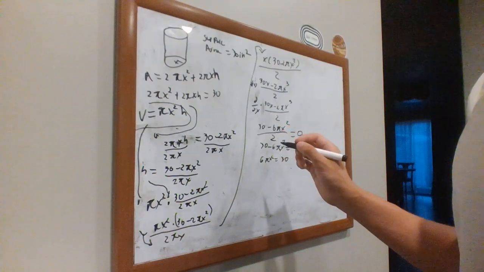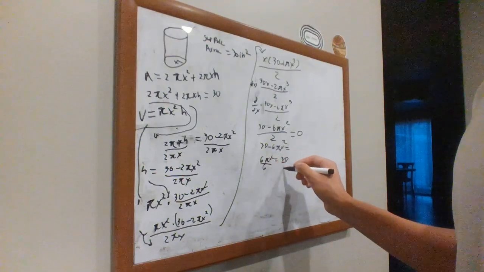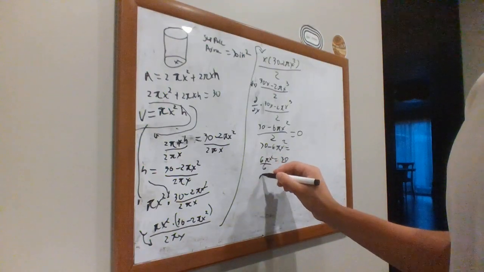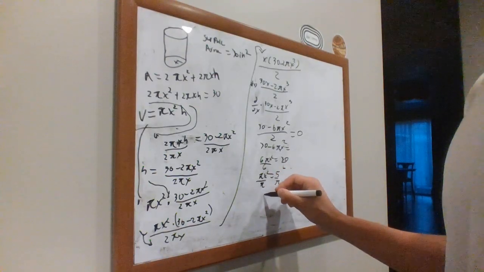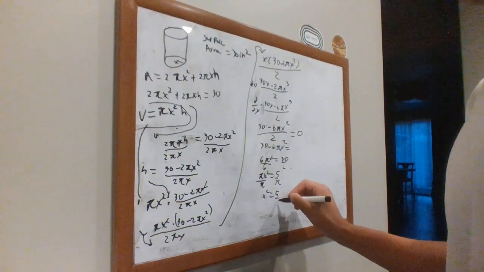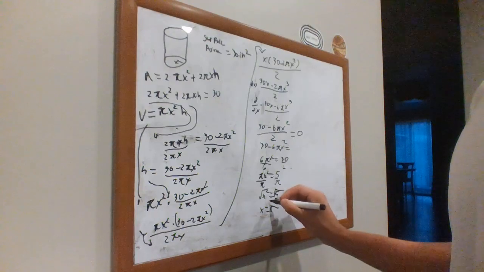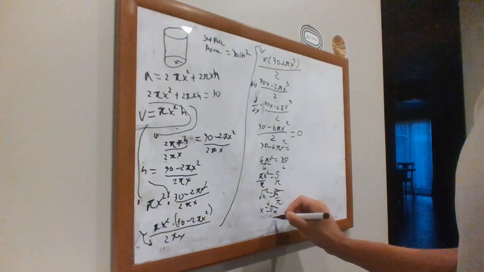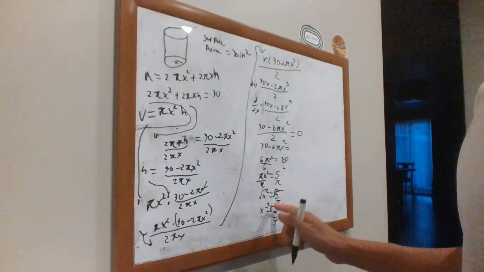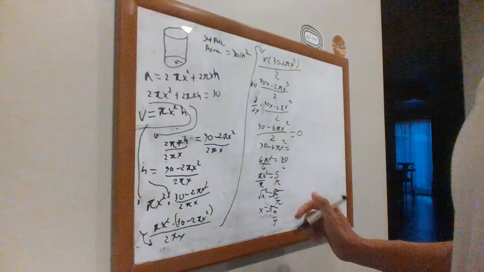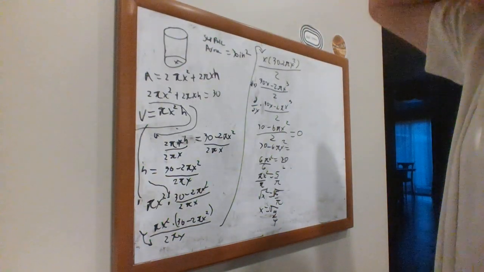Divide by 6, and that's 5 equals pi x squared. Then take the square root so we get x by itself. Positive or negative, oh wait, no, just positive. So x is the square root of 5 over pi.